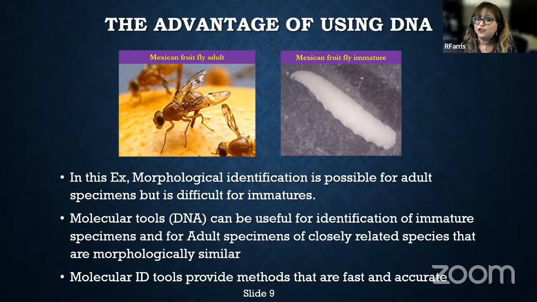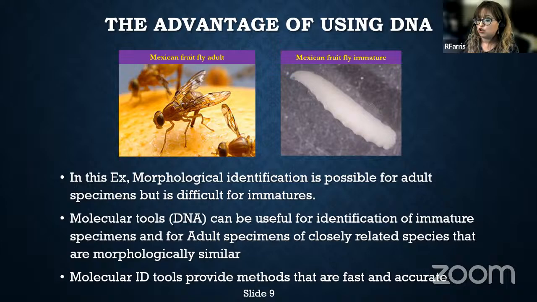But with the use of DNA, that changes everything, because with DNA, it's magic, right? It allows us to differentiate between these immatures where previously we couldn't. The nice thing about DNA is that we are able to do that with different technologies.